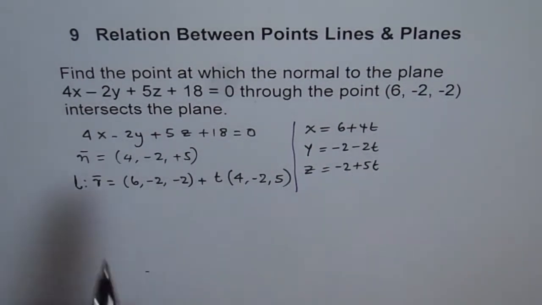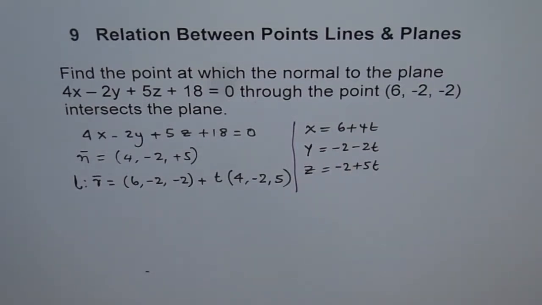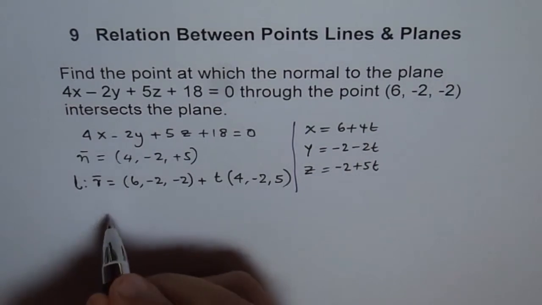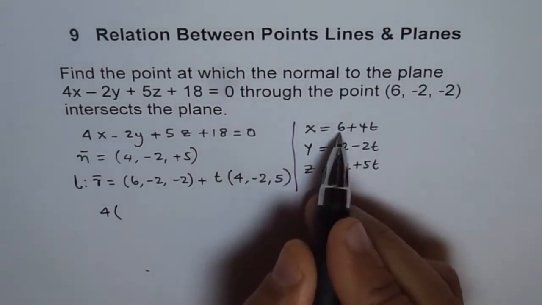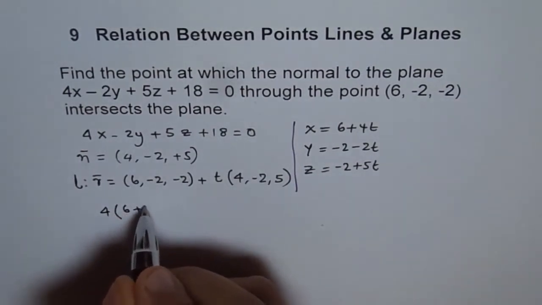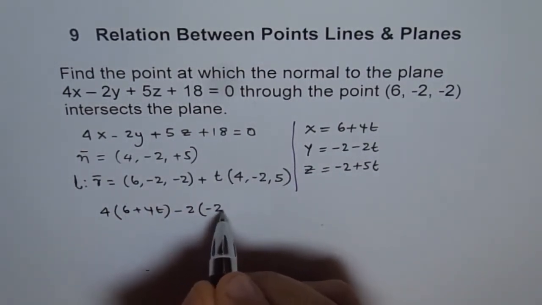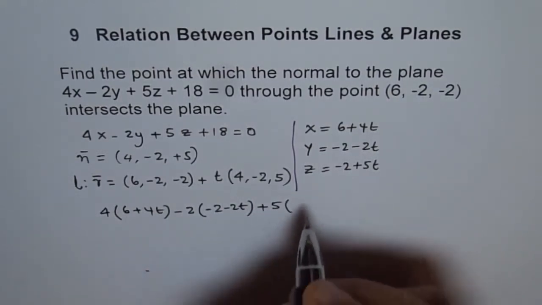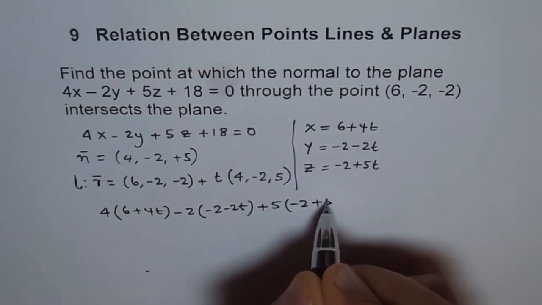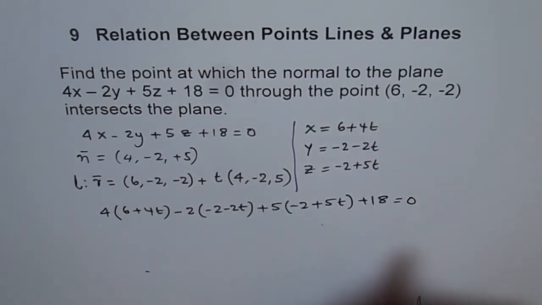If I plug these points into my equation of the plane, I should get the value of t, right? Since we have only one variable to work with. So let's do that. We'll do 4 times, instead of x, I'm writing 6 plus 4t, minus 2 times minus 2 minus 2t, plus 5 times minus 2 plus 5t, plus 18 equals 0.